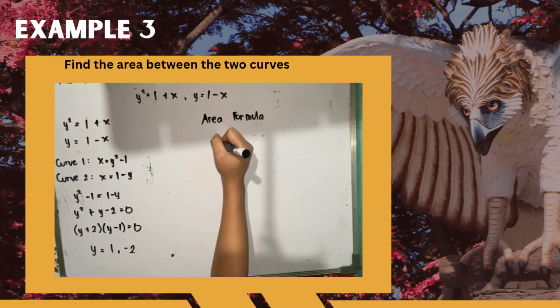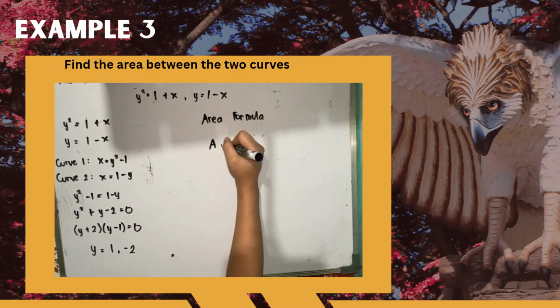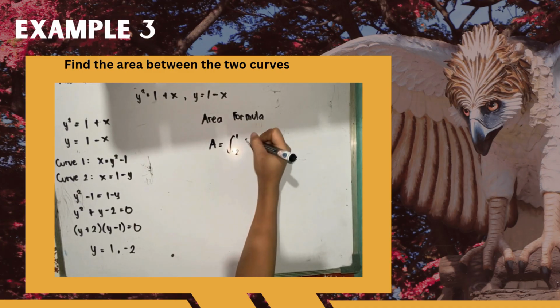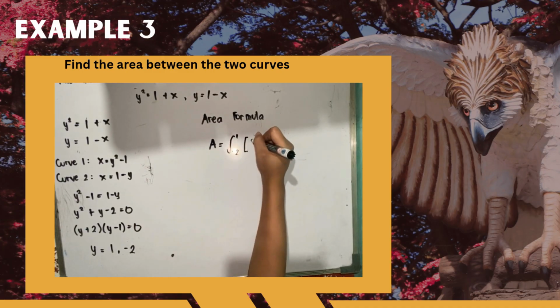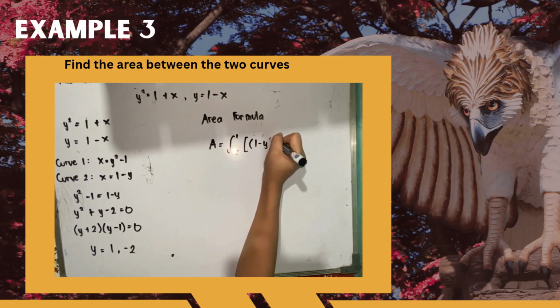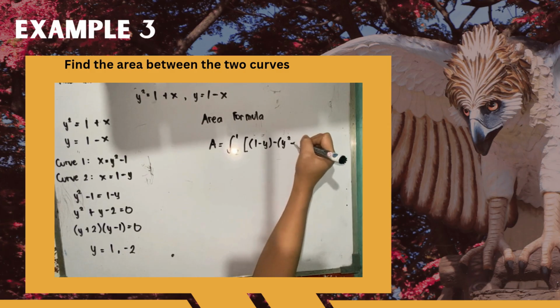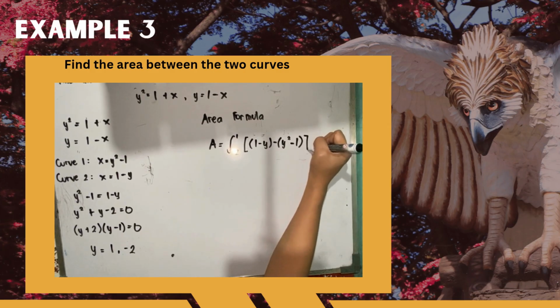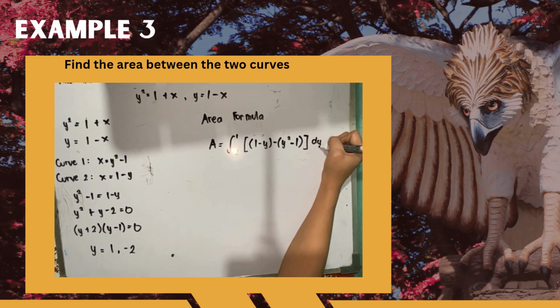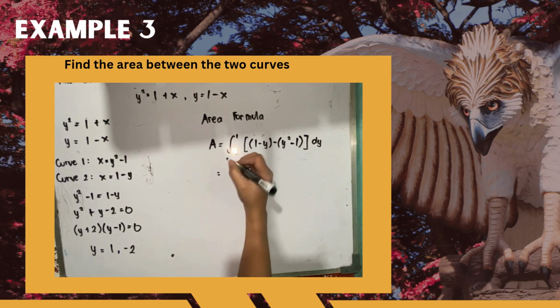So now let's set up the area formula. We have area equals integration from negative 2 to 1 of (1 minus y) minus (y squared minus 1) dy. So let's simplify the integral.